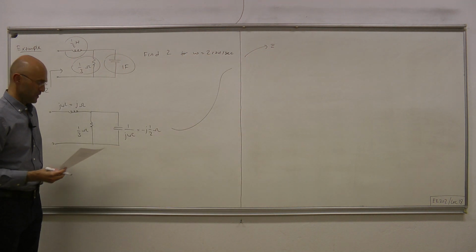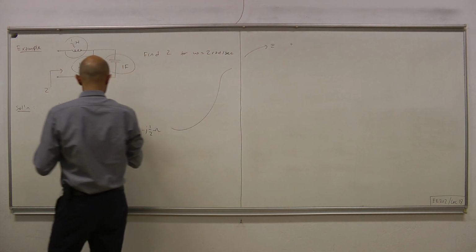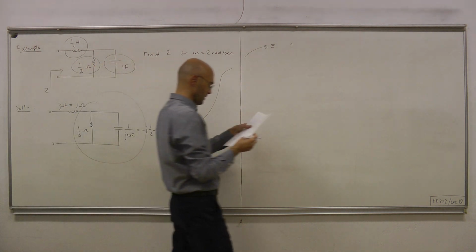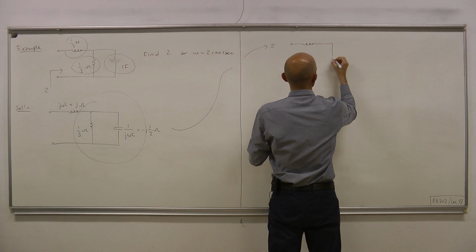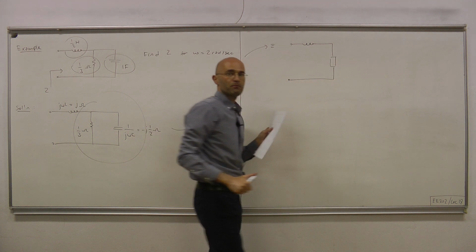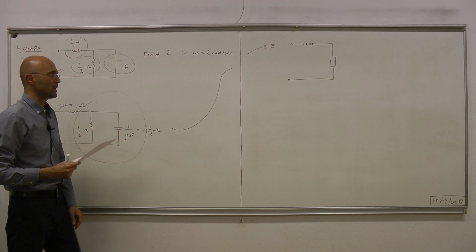Okay, so this is equivalent to what? First, let's combine the capacitor and the resistor, and we have this single one port representing this combination of resistor with the capacitor.